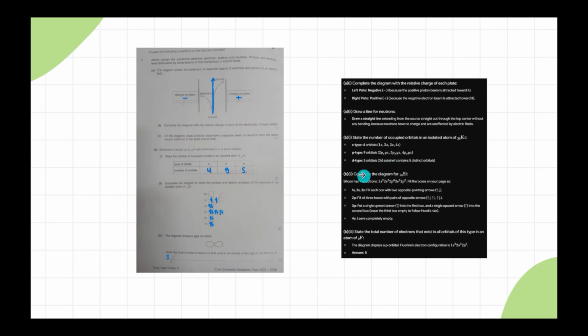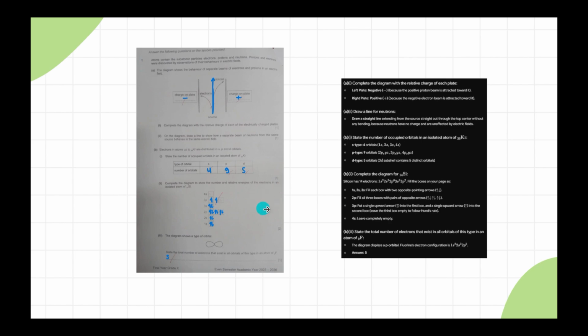Next, complete the diagram to show the number and relative energies of the electrons in an isolated atom of 14C. For 1s, 2s and 3s, we fill each box with two arrows pointing opposite directions, one up and one down. For 2p, fill all 3 boxes with opposite arrows like the first one, but it's 3 in a row.